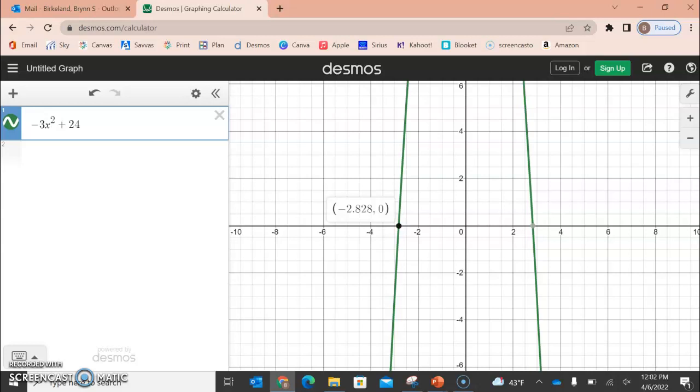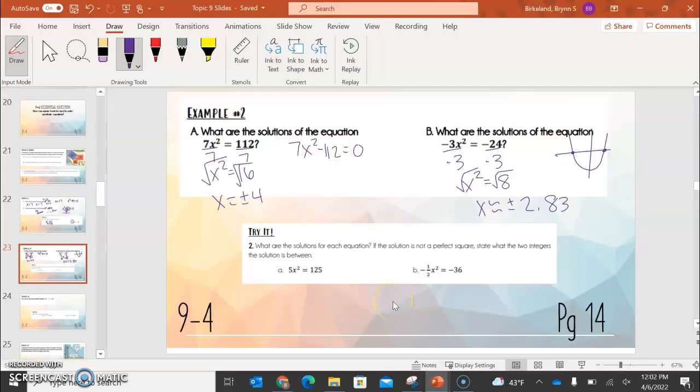And when we look at the x-intercepts, it is crossing at that plus 2.82 and the minus 2.82. So for now, let's leave it as those decimals. If you ever take the square root of a value and it comes out with decimals, just don't forget the plus and minus.